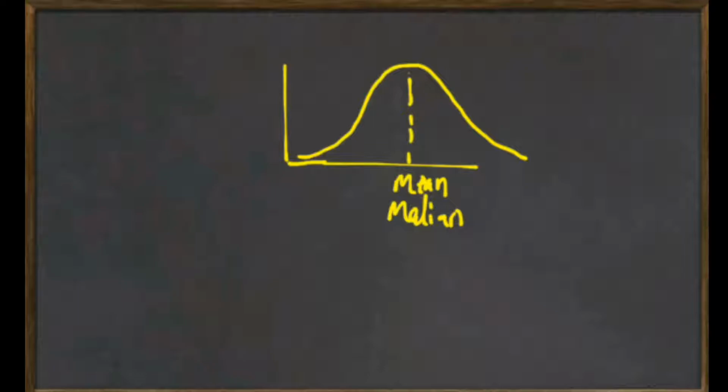Now, not all distributions are nice and clean and symmetrical like this. A lot of times we'll see bimodal distributions. So this is a single, or unimodal, uni being one.